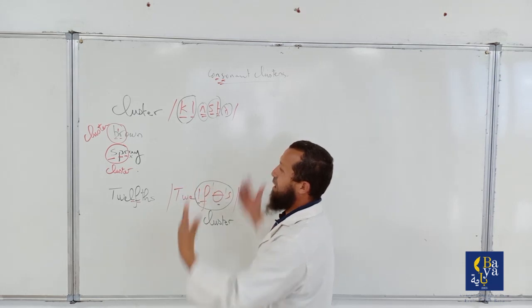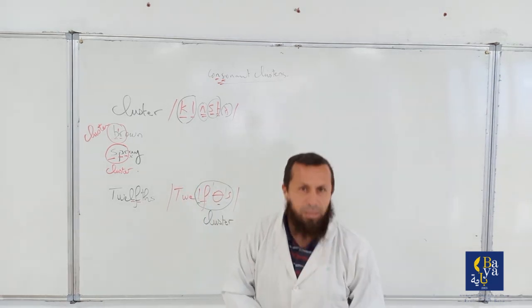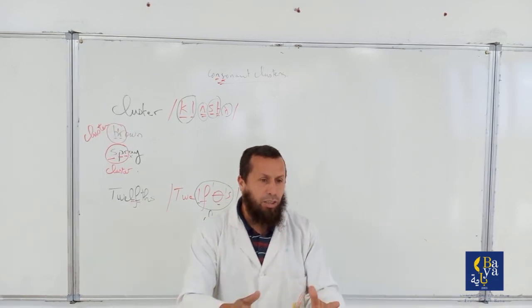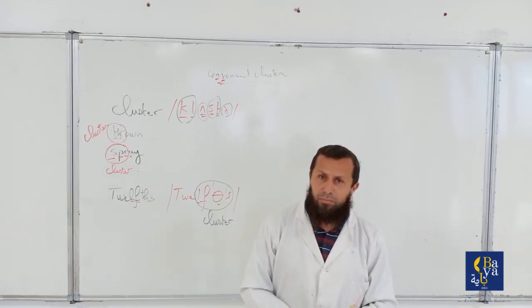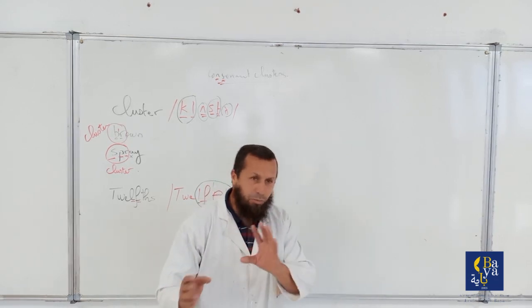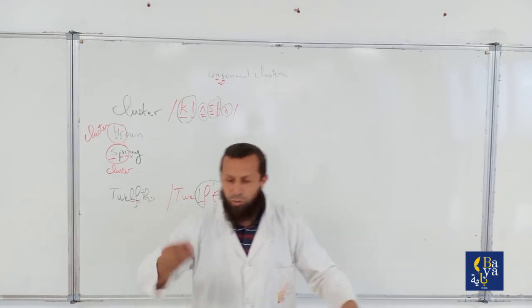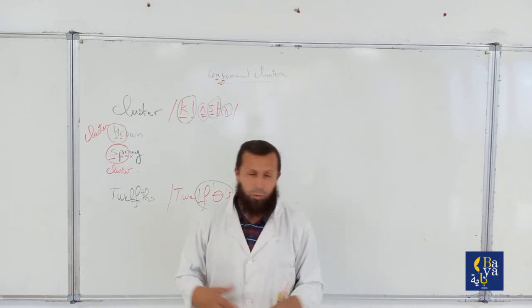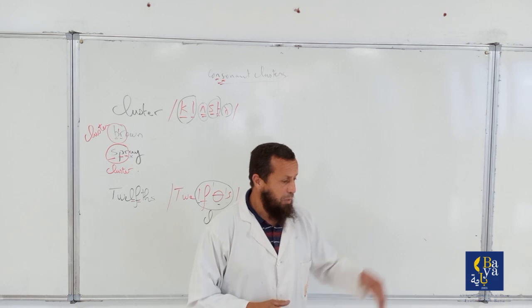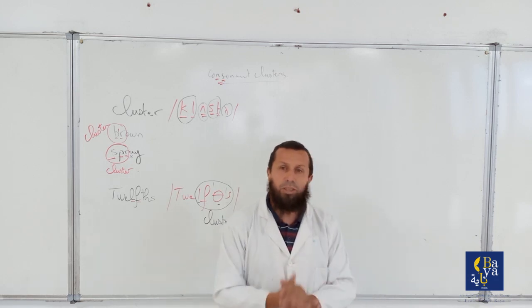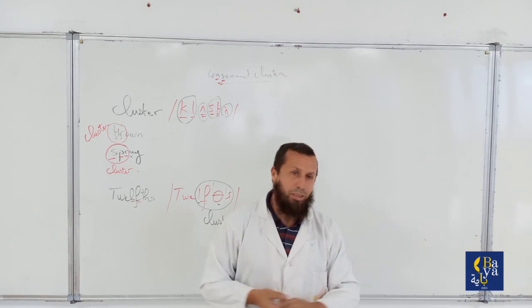These are the consonant clusters, and I think it is understood now. We have taken 2 pronunciation topics: the triphthongs and the consonant clusters. I hope that you have understood them. And this is my wish.